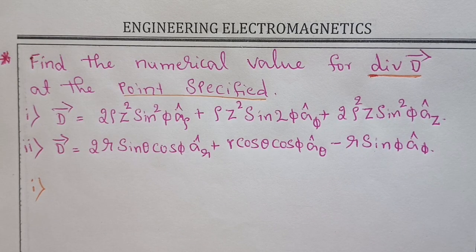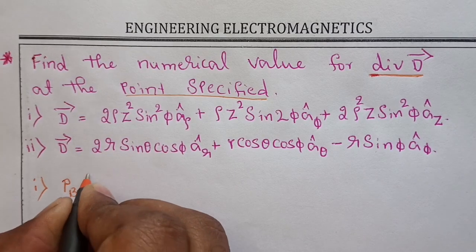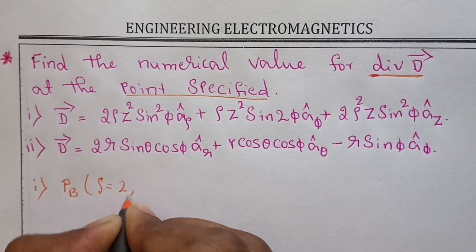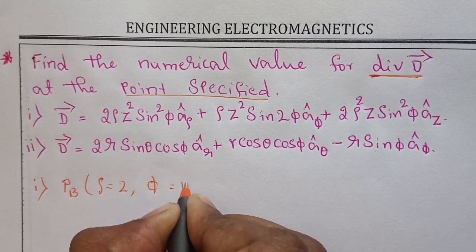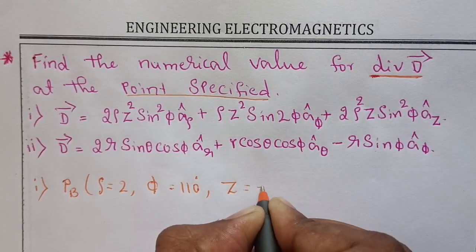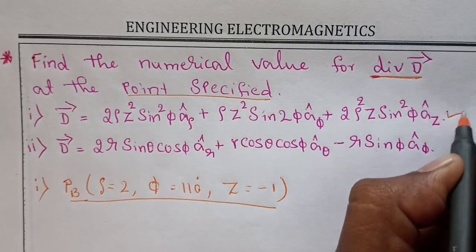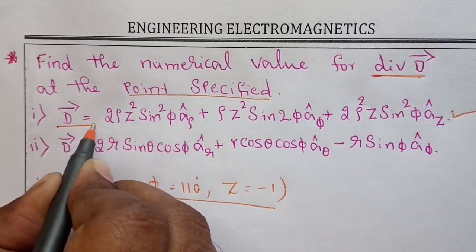The point specified is at a point B where rho equals 2, phi equals 110 degrees and z equals minus 1. This is the point mentioned for this question, that is vector D.